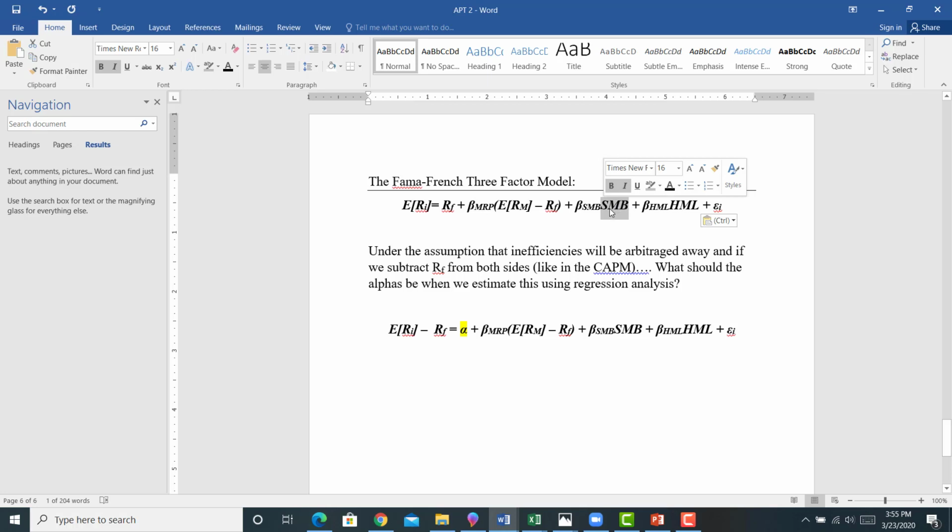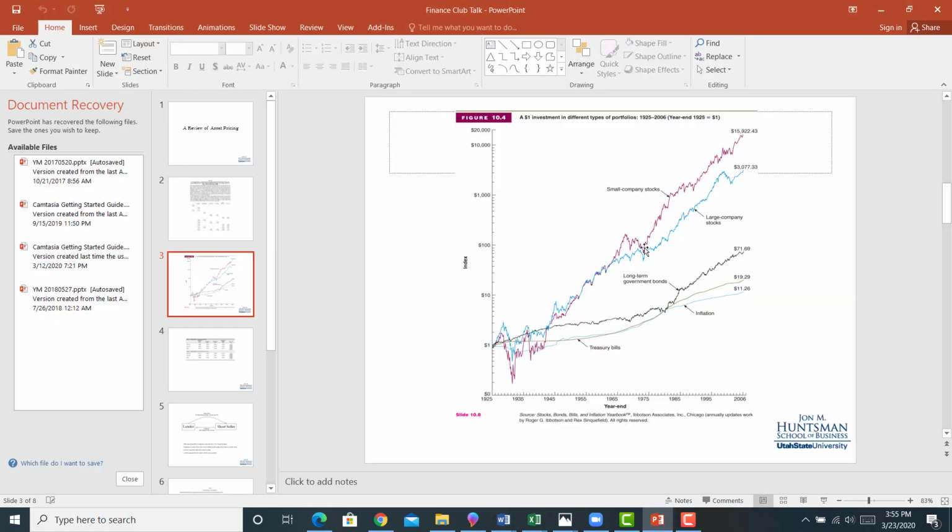Now, what Fama and French may have been doing, although they didn't say this in their original derivation of this model, what they may be doing to theoretically justify this is they may be going back here and saying, look, small cap stocks outperform large cap stocks, and we can see that small cap stocks are more volatile than large cap stocks. We don't need to identify the risk associated with small cap stocks relative to large cap stocks.